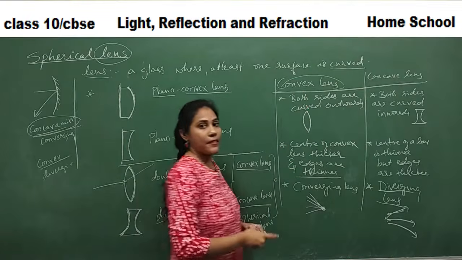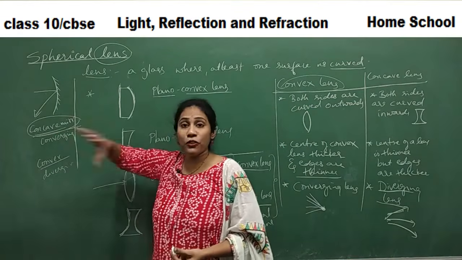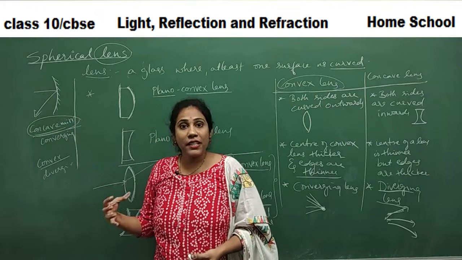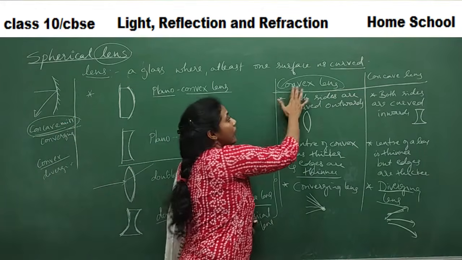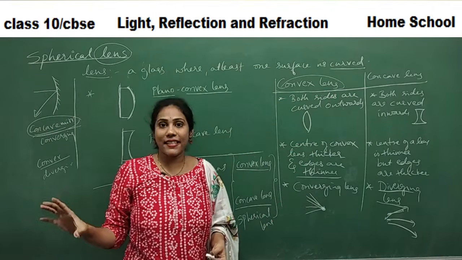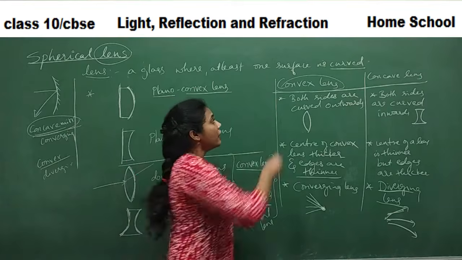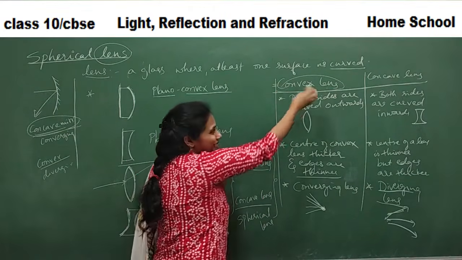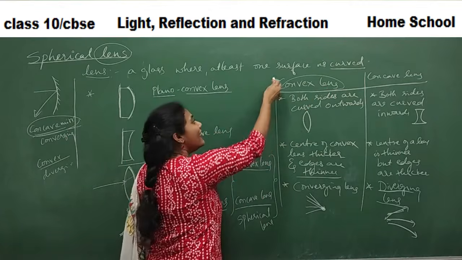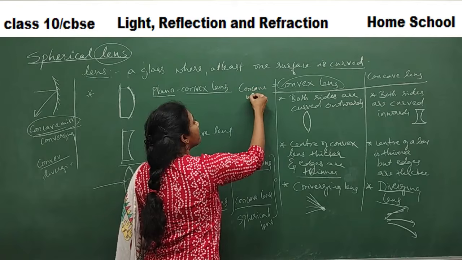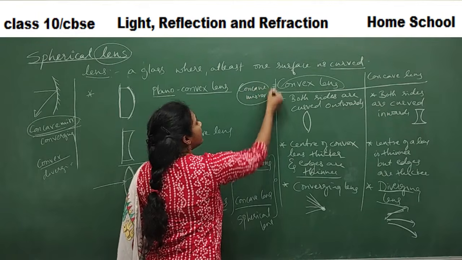Whatever phenomenon we studied in case of concave mirror is actually similar with convex lens. The image formation, here we studied 6 cases of image formation. Yes or no? So in case of convex lens image formation also, we will have 6 cases. Always a convex lens's properties and its image formation are almost equal to concave mirror.